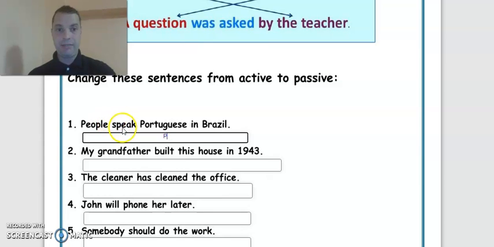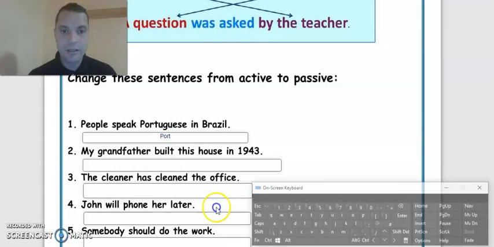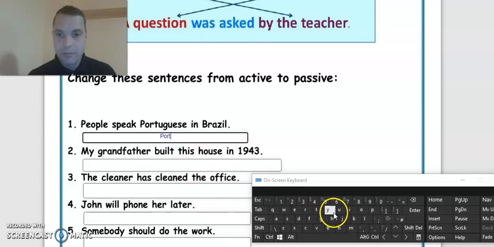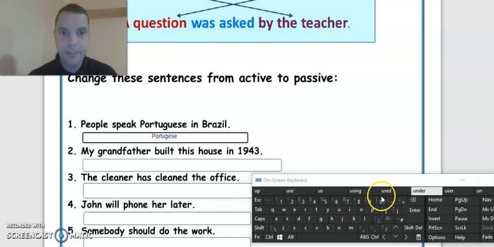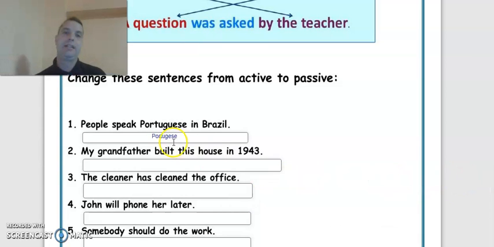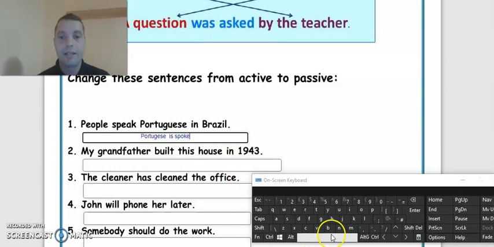People, verb, subject. So if we change it to passive, we would say Portuguese. That's the subject. And we know that Portuguese is spoken. That's what's happened.